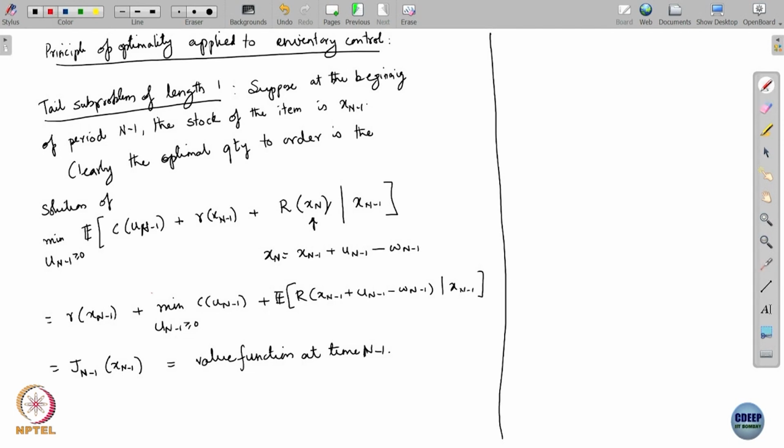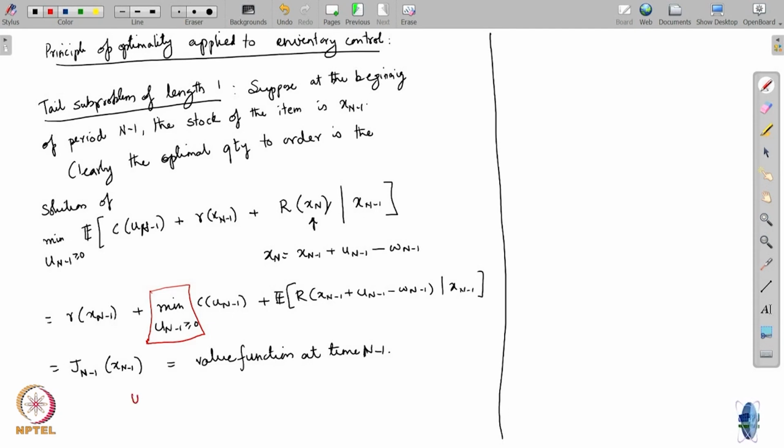The minimizing u n minus 1 here gives you the optimal action as a function of x n minus 1. For the nominal x n minus 1 that you have chosen, the optimal action is the minimizer, the argmin here.